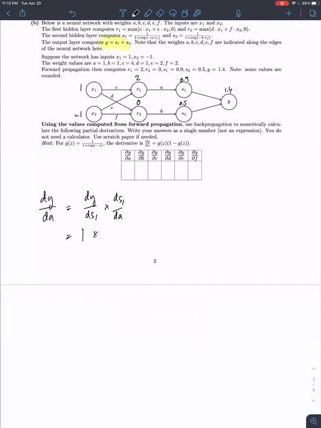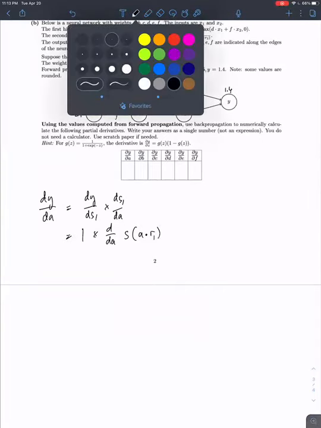Now what's dS1/dA? This is d/dA of S1, which is the logistic function. I'm going to call that S, at the risk of a little bit of confusion, of A times R1.